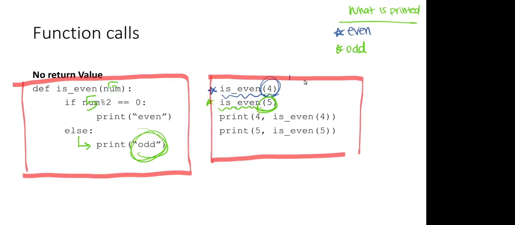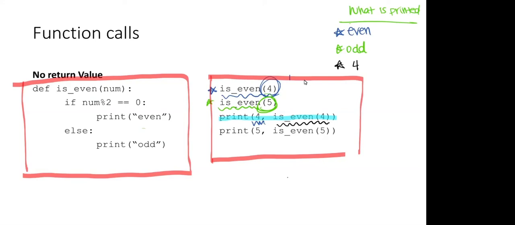Let's move on to the next part of our program. Right over here. I'm going to use that color. We're going to do this part of the program now. Print 4 is even. So it will go here and see that it has to print the number 4. So that's exactly what it's going to do. It's going to print out the number 4, and then it sees it has to print out is even 4.